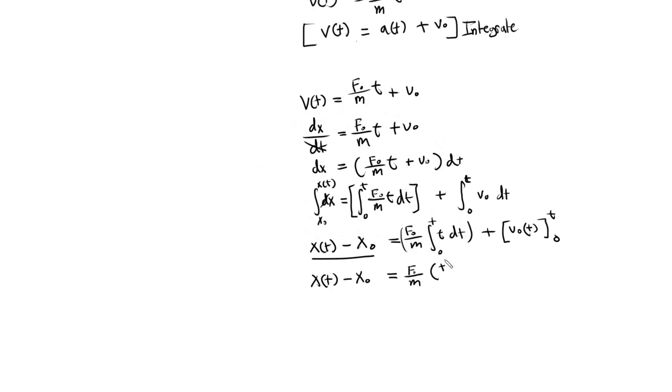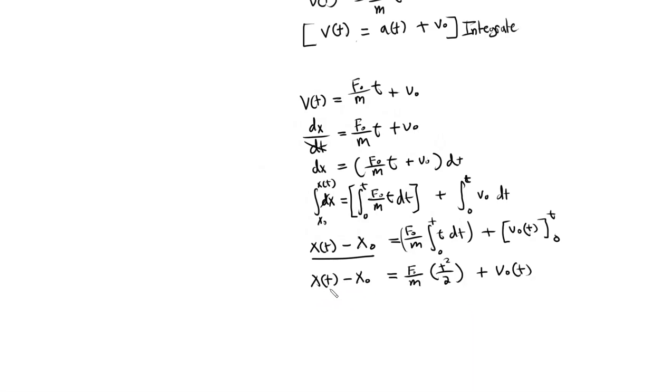So t squared divided by 2. That's what we get over here. And now we add v initial times t minus v initial times 0, which is just 0. So we'll just get v initial times t over on this side.